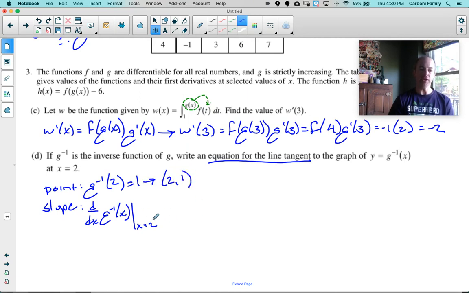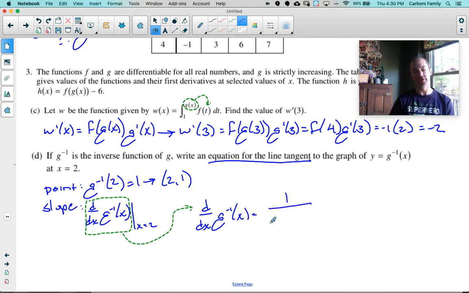And my slope, the derivative of an inverse function, I teach this with a memorized formula, which I'm not too fond of just memorizing formulas, but it comes in handy. The derivative of an inverse is 1 over g prime of g inverse of x.